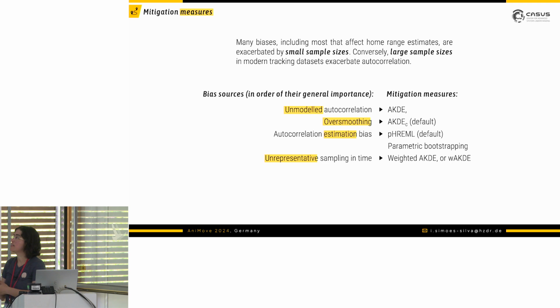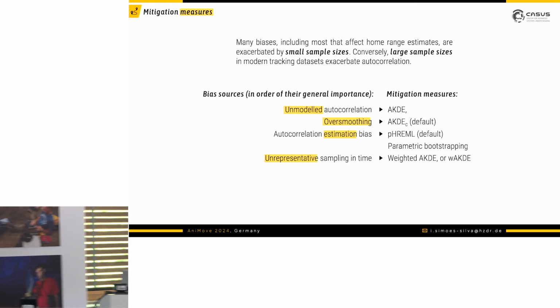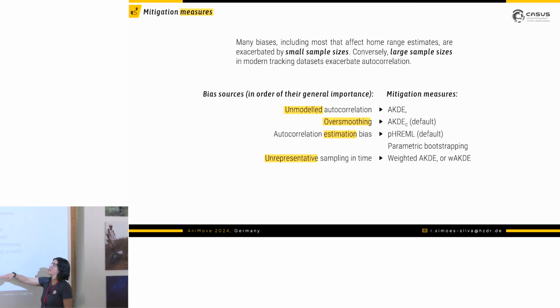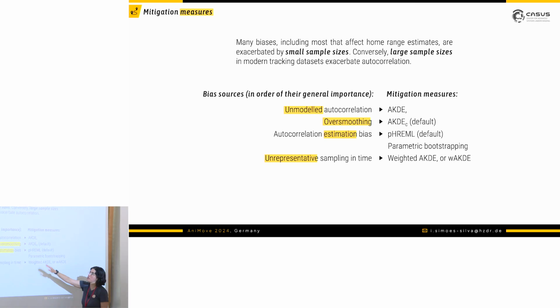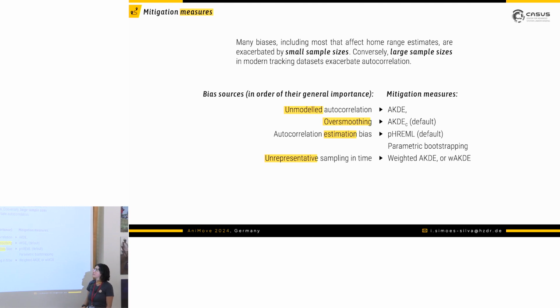Okay, so this is organized kind of by the general importance. Though again, depending on the context and your data sets, maybe some of them have more value than the autocorrelation. This is just in general the order of the magnitude of bias. Typically the autocorrelation, if we're not modeling the autocorrelation correctly, is one of the main sources of bias that shows up in these data sets.